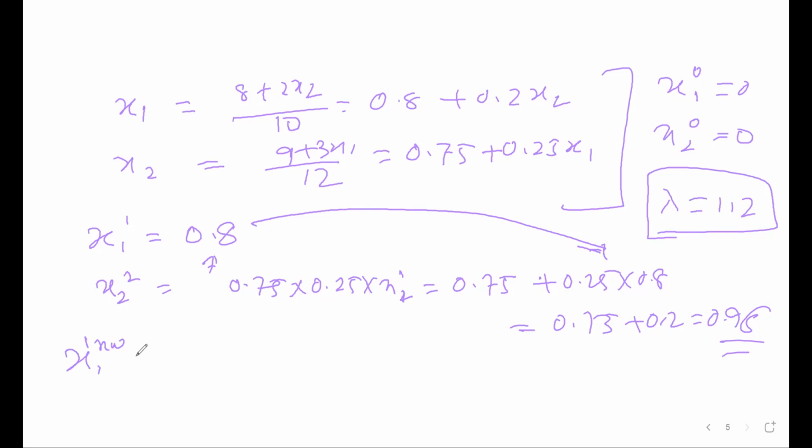That will be equal to 1.2 multiplied by the value that you calculated, plus the old value of x1. What is the old value? We have only two values available with us, the current value and the previous value, isn't it? So the old value is equal to 0.